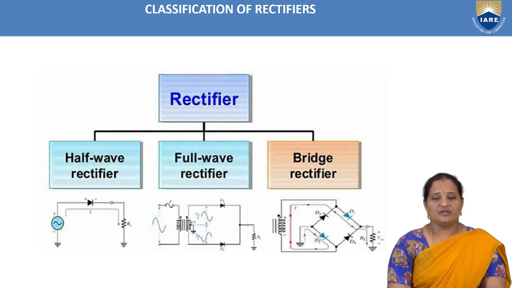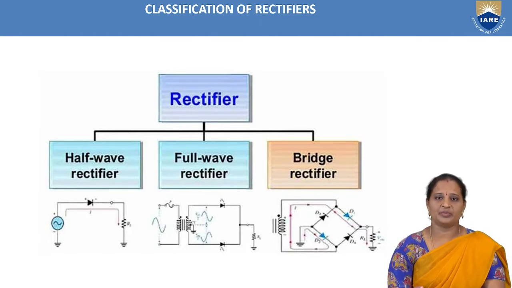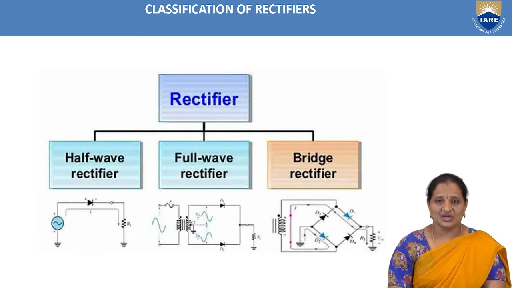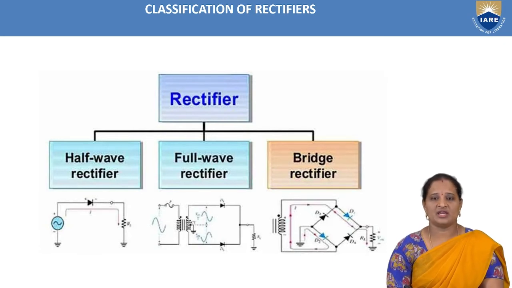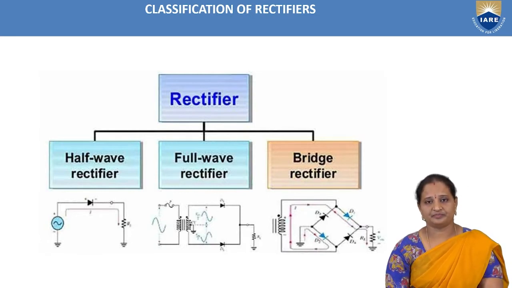Next, coming to the full-wave rectifier. Based on the construction, the full-wave rectifier is classified into two types: center tap full-wave rectifier and bridge full-wave rectifier. The full-wave rectifier is used to rectify both the positive and negative half cycles of the input AC signal, and hence it is called a full-wave rectifier.